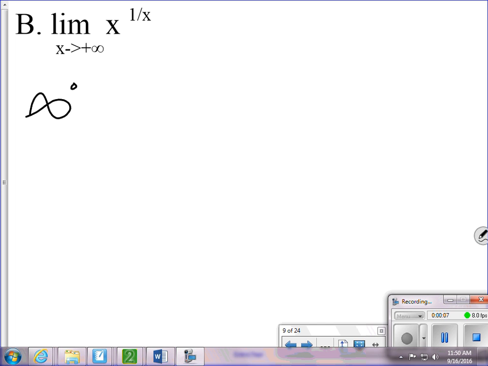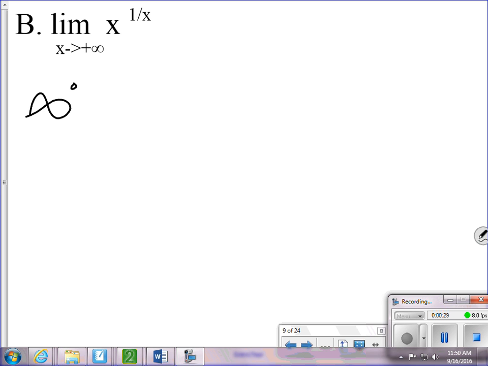Okay. So now, when you have one of the three indeterminate forms involving an exponent, we're not going to find the limit of this original expression right away, right? We're going to find the limit of something else, the ln of it. We're going to find the limit of the natural log of x to the 1 over x, and we're going to get that limit.